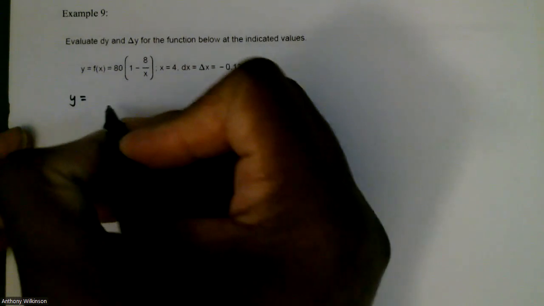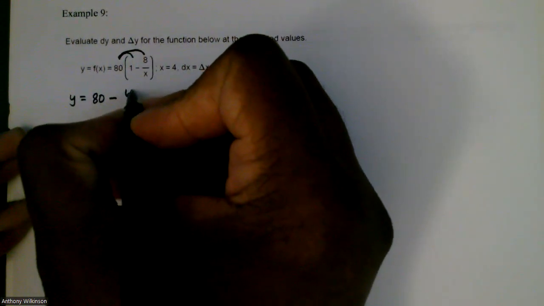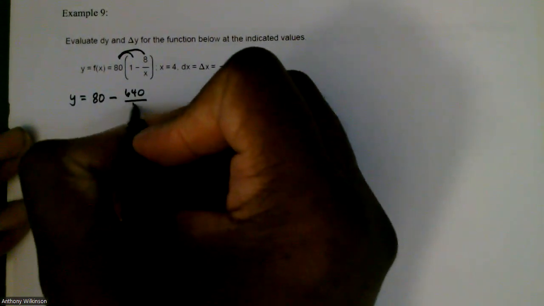Well, let's simplify what y is. I'm going to distribute this 80 over the 1 minus 8 over x. So 80 times 1 will be 80 minus 80 over 1 times 8 over x. That would be 640 over x.